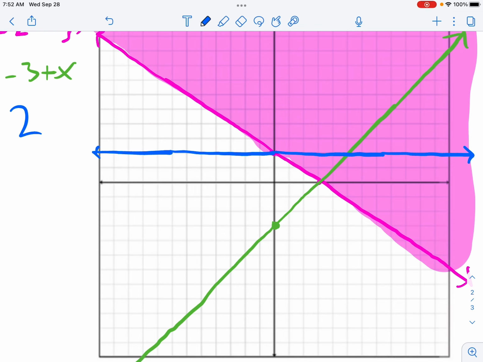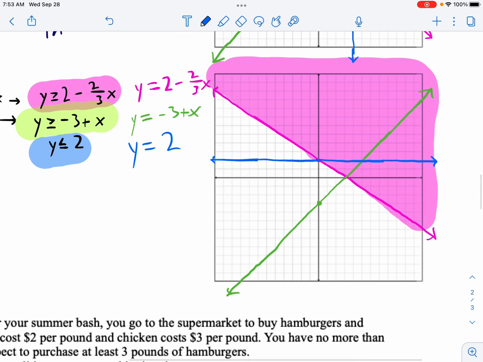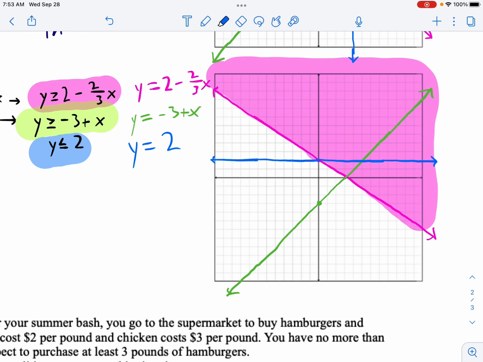There we go. Boom. All right. Good. All right. So let's shade. Okay. So this blue line is the line where y equals 2. We want to shade all my y's that are less than or equal to 2. So we're going to shade below the blue line.